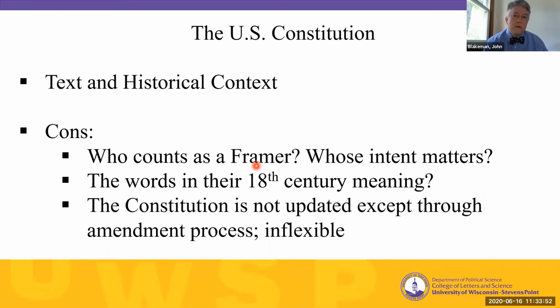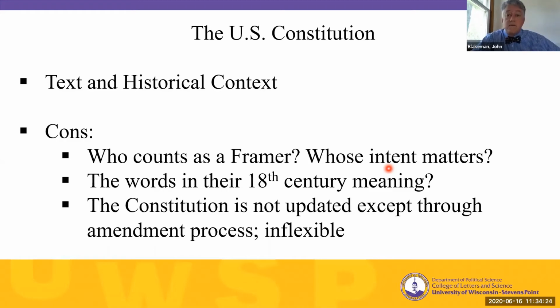We have the people at the Constitutional Convention who debated it and wrote it. What about the states? Each of the states had to have its own constitutional convention to debate and ratify the U.S. Constitution. Does their intent matter too? Some people would say yes. I mean, because you had very bright people in those state constitutional conventions, like John Marshall, who goes on to become a Supreme Court justice.